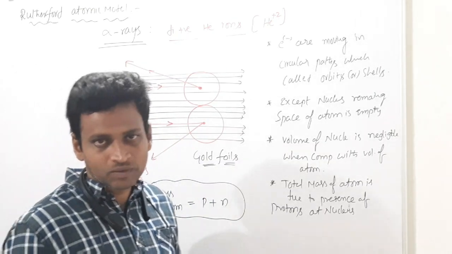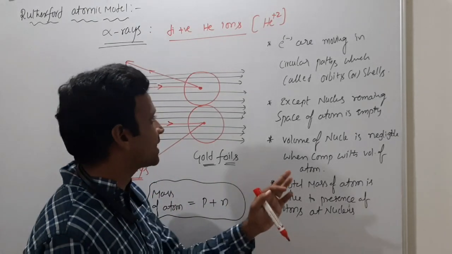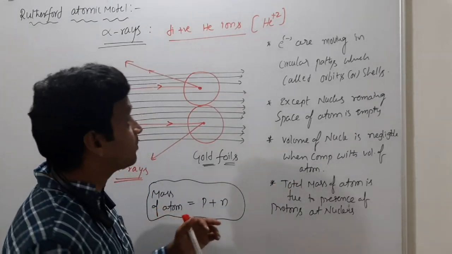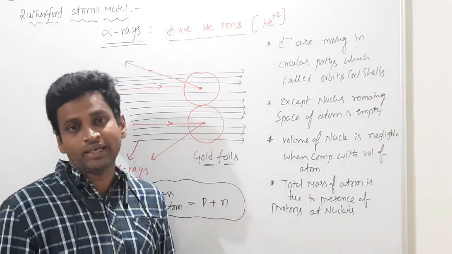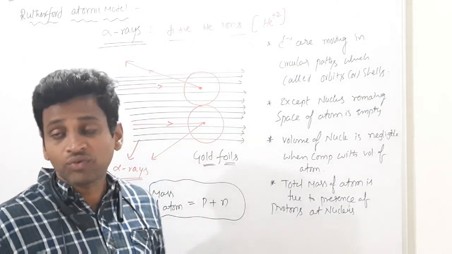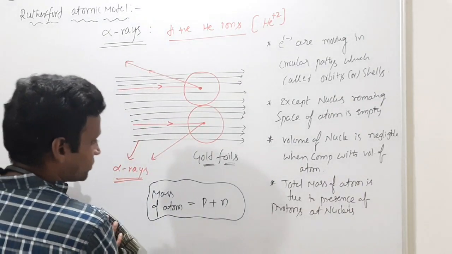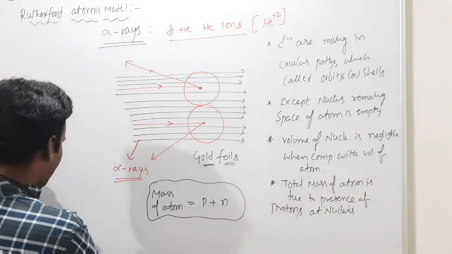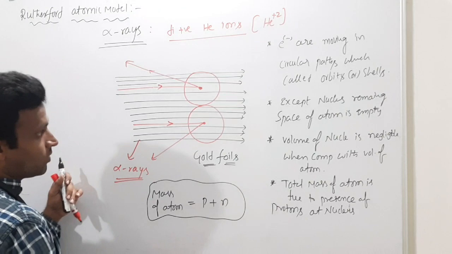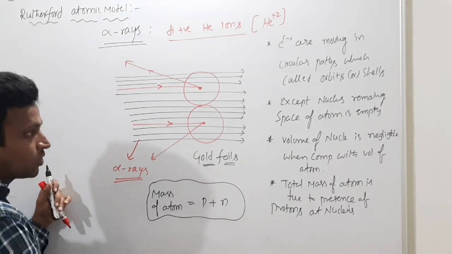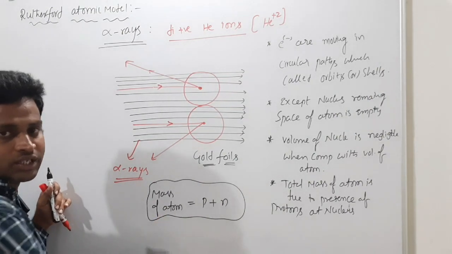These are the merits which I gave, but there are also drawbacks in Rutherford's atomic model. You can check the drawbacks in our textbook also. Some merits I also gave. Just note all these things by taking a screenshot.